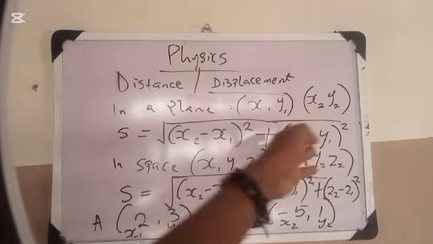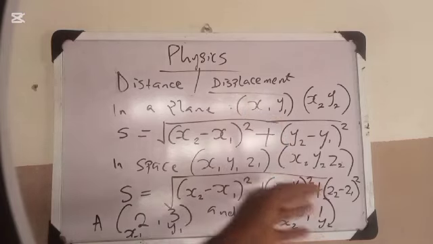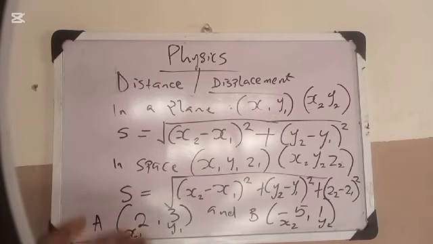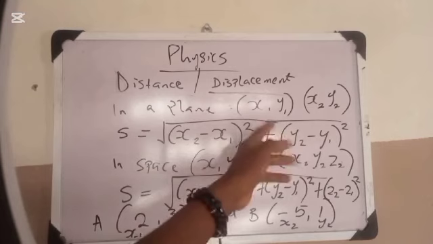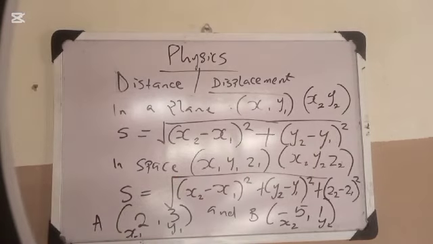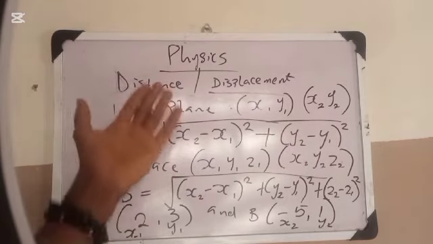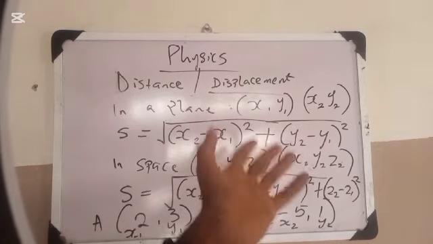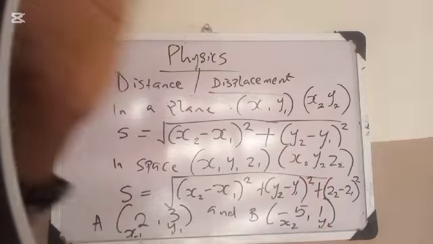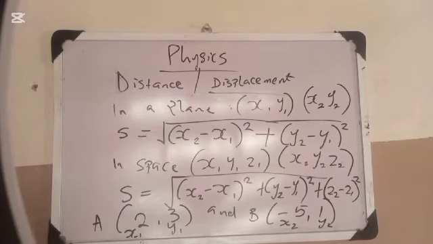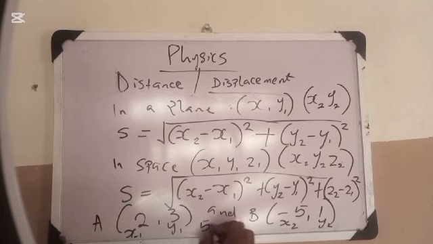So 1 minus 3 gives us -2. So you have -7 squared plus -2 squared. -7 squared is 49, plus -2 squared is 4. So 49 plus 4 gives us 53. Is that clear? 53.